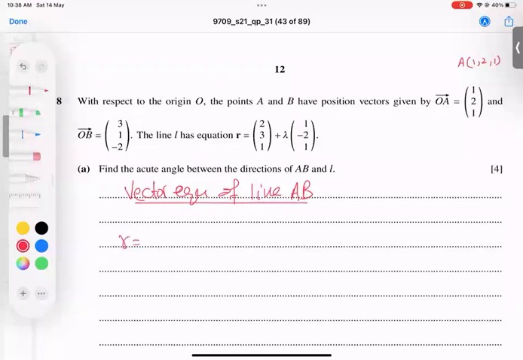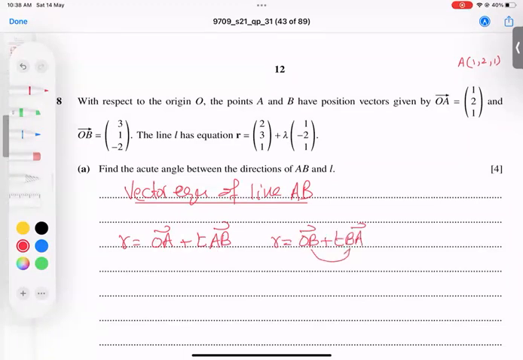The formula we have: r equals OA plus lambda times AB. Well, lambda is already used, so I will use any other letter, let's say t, times AB. Make sure that if A is ending here, A must be starting. You can use this formula or the other formula, r equals OB plus t times BA.